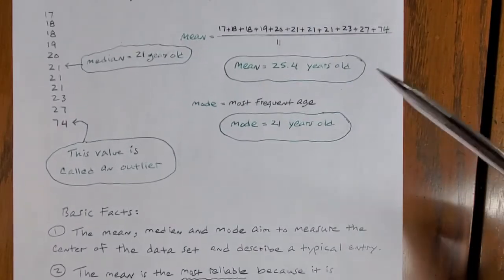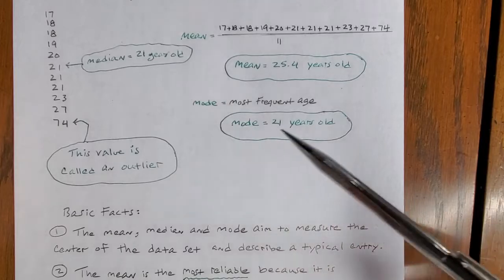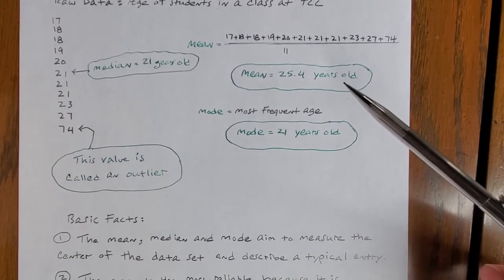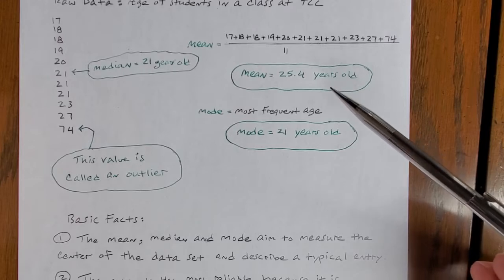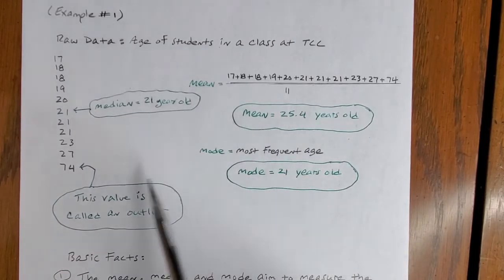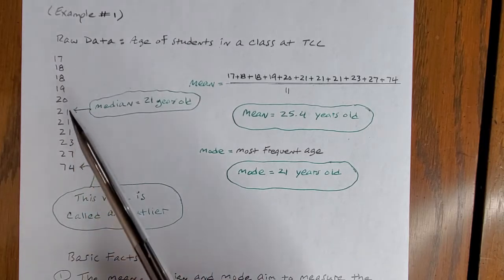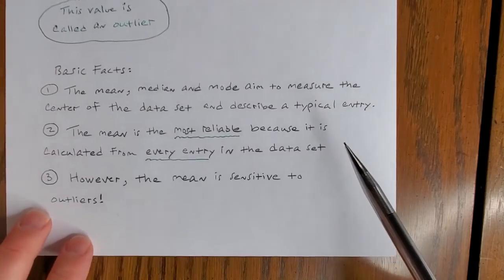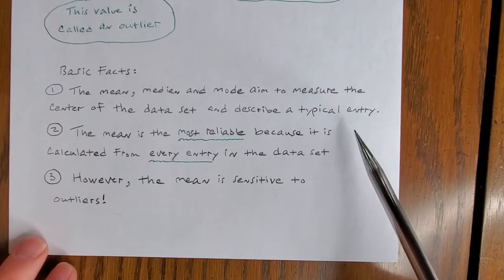We can calculate these numbers, but it doesn't mean that they'll do what we want them to do. Does the mean represent a typical data entry? Well, what do you think? Let's talk more about that in a minute, but that's the question for now.